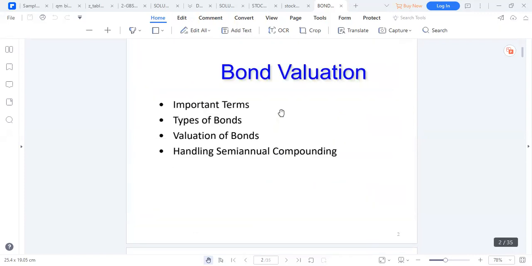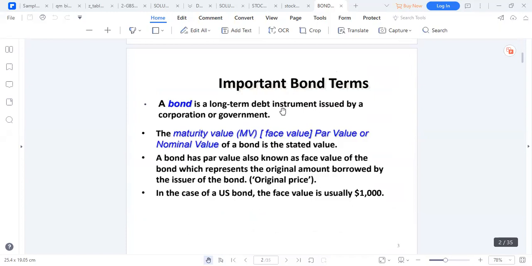Bond valuation is one of the important topics in finance, where we're looking at a debt instrument which is issued by a corporation or government. There are 5 key characteristics that a bond must have. A bond must have a maturity value, which is also called the face value, or the nominal value of the bond, which is the stated value or the original price at which the bond was issued.